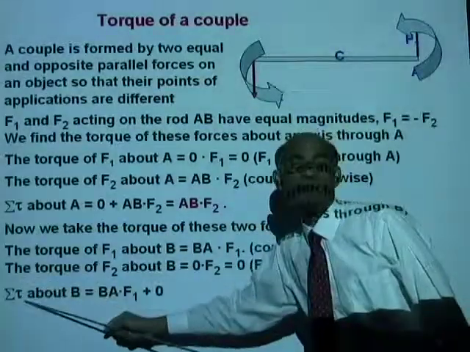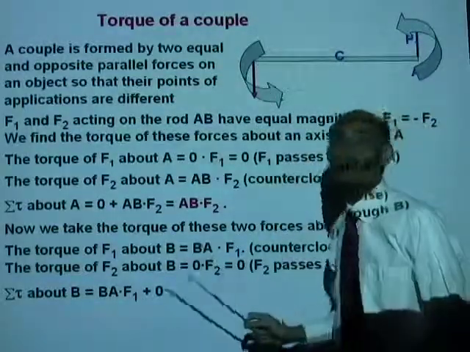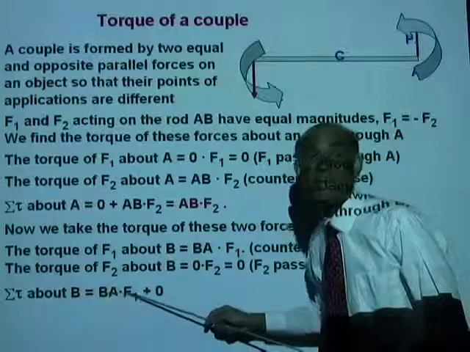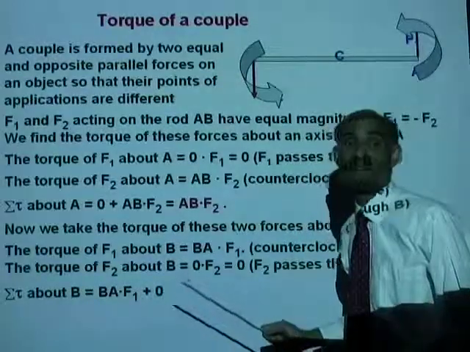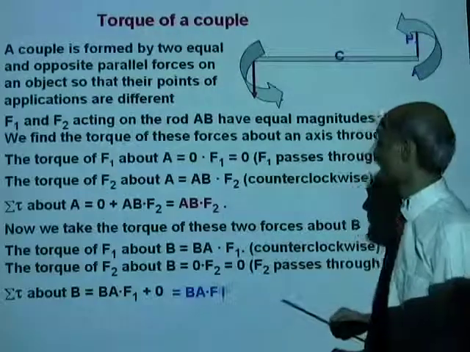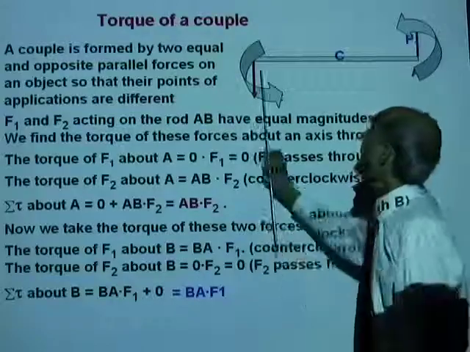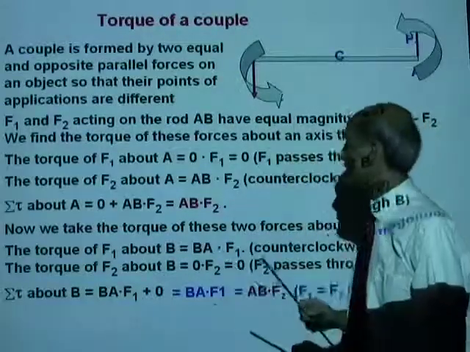What is the sum of the torques of these two forces about B? That will be BA times F1. But isn't BA times F1 the same as AB times F1? Because BA and AB are the same length.